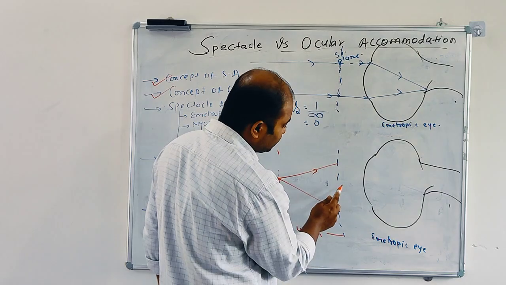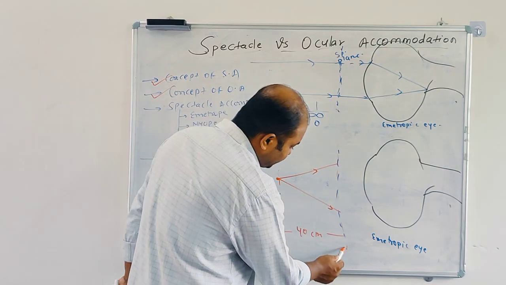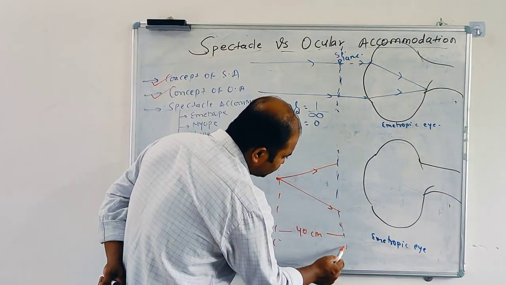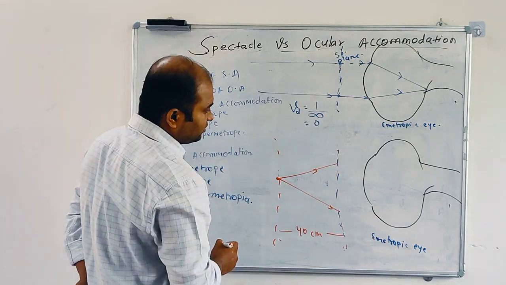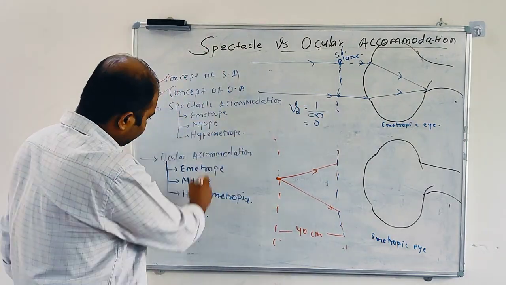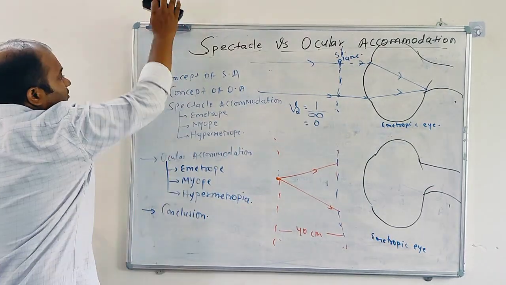Spectacle accommodation now, anyway, we are measuring from this plane, right? So from here to this distance, we need to know the vergence at this point because we know the formula, right? I have to write the formula somewhere. Okay, we have done this. Better I erase this.